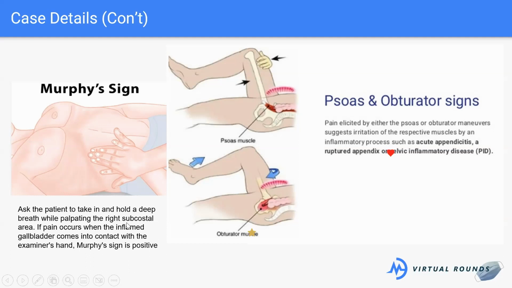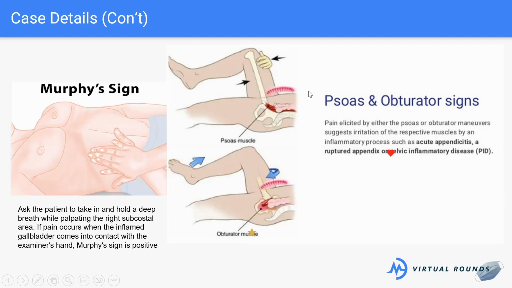and you would have a high suspicion for something like cholecystitis. Okay. And then psoas and obturator signs are specifically for appendicitis. The psoas sign is when you take the person's leg, flex their hip and knee, and start to move it.